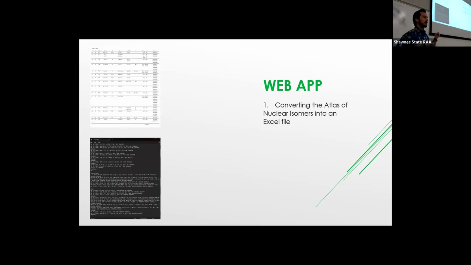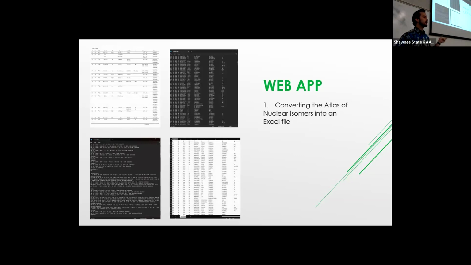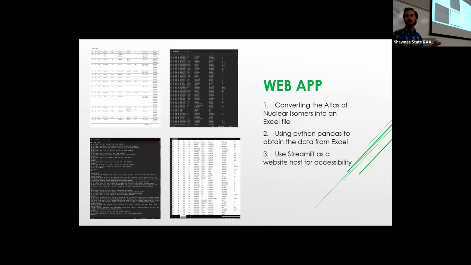Turn it into a LaTeX, sort that LaTeX file, and then we can use spaces and tabs as delimiters to put it into Excel. Then we can use Python pandas to grab that data from Excel and use it to make graphs and make data and make assumptions. And we can use Streamlit as a website host for these graphs and for later accessibility.